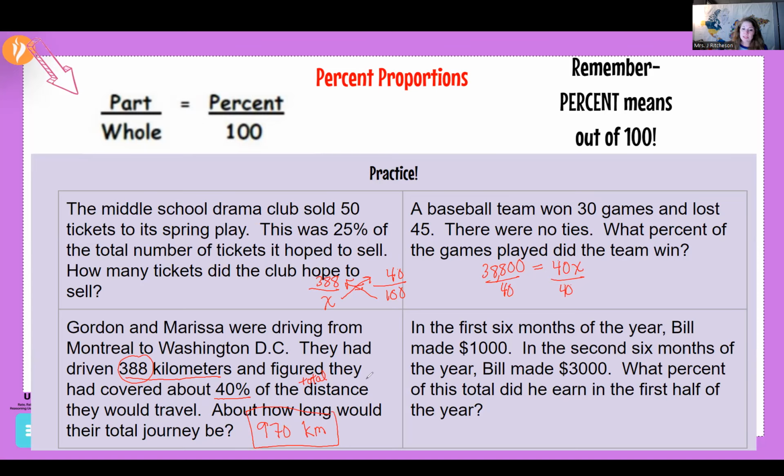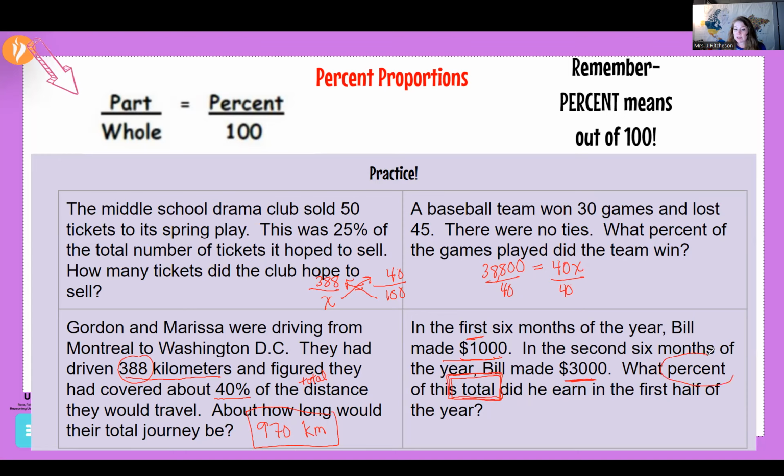All right, what about the next one? In the first 6 months of the year, Bill made $1,000. The second 6 months of the year, he made $3,000. What percent of this total did he earn the first half of the year? So how much did he make in total?